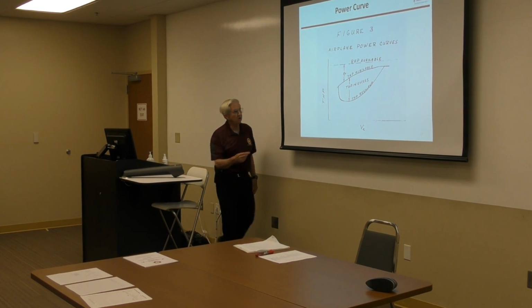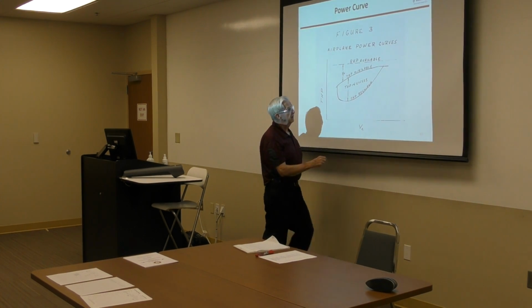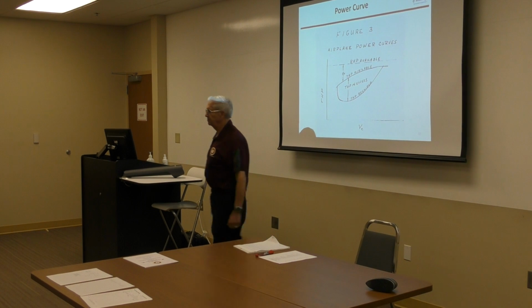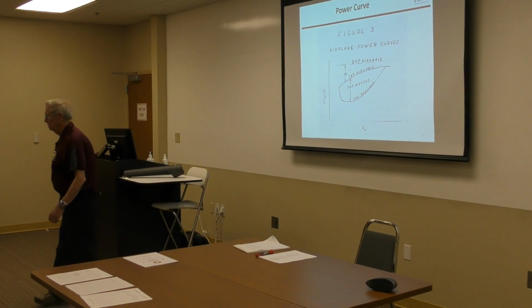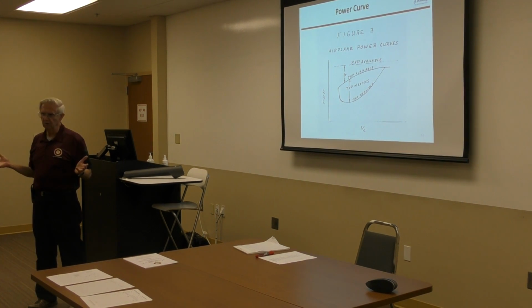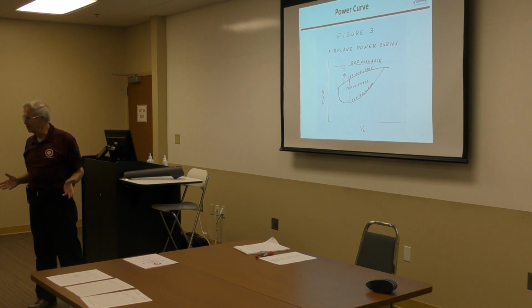Here's the stalling speed power on right here. Out here where the two cross is maximum level flight speed. And at those two points, rate of climb is zero, or acceleration is zero.